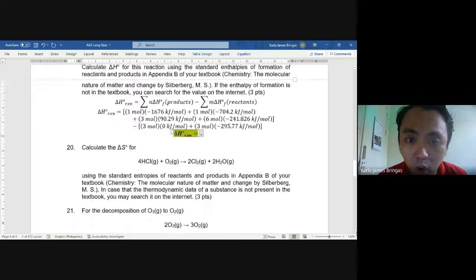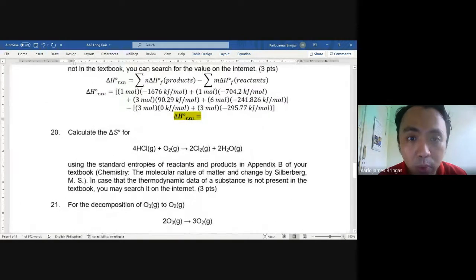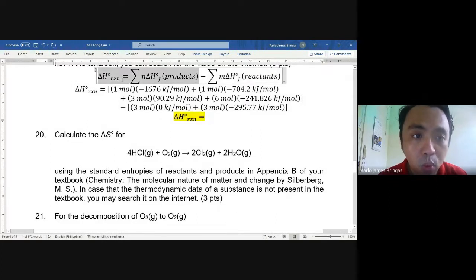So kindly please compute that one for me. In the meantime, to maximize the time that we have for this morning, I'll just type the solution as well for number 20 while we compute the number 19.